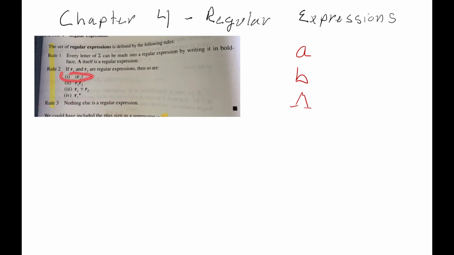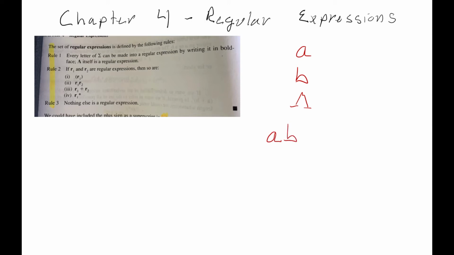So in part 1, we could just put parentheses around the regular expression. And that really doesn't change the meaning. It just helps us group things later on. Rule 2 says that we can concatenate any 2 regular expressions together. So I have 3 regular expressions here, but I can concatenate them together and create a new regular expression.